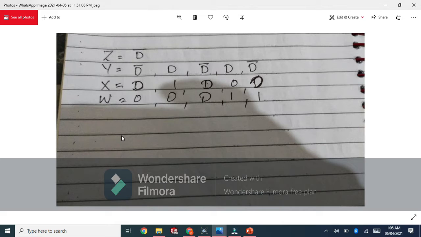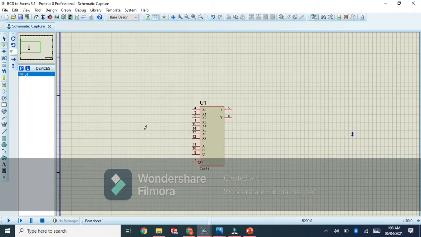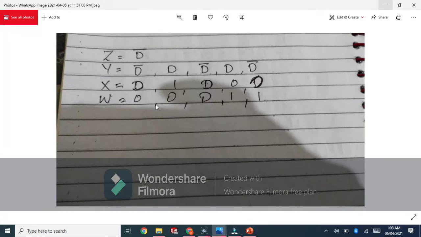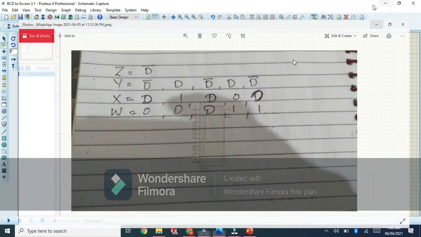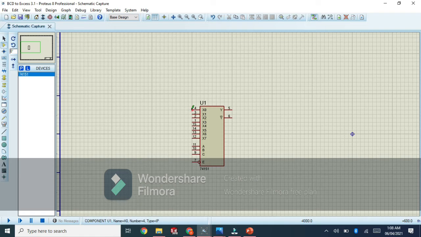Now I am going to make the circuit of BCD to Excess-3 by using these simplifications. I am showing you the 8 cross 1 MUX IC number 74151. Here you see I am going to use 5 inputs for one output, so I use 5 input terminals from these 8 to obtain the output.